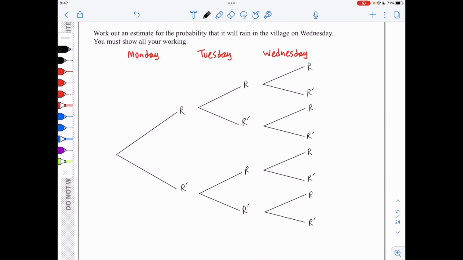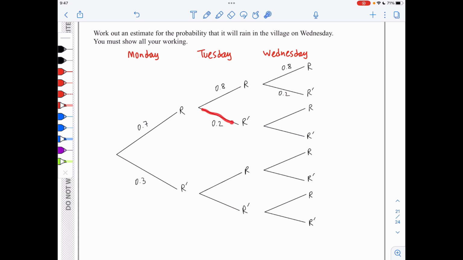Starting on Monday, the forecaster says there's a 70% chance, so 0.7 for rain, 0.3 for no rain. Now when it rains, the probability it rains again is 0.8, so the probability it doesn't rain is 0.2, and therefore when it rains, it's again going to be 0.8 and 0.2.